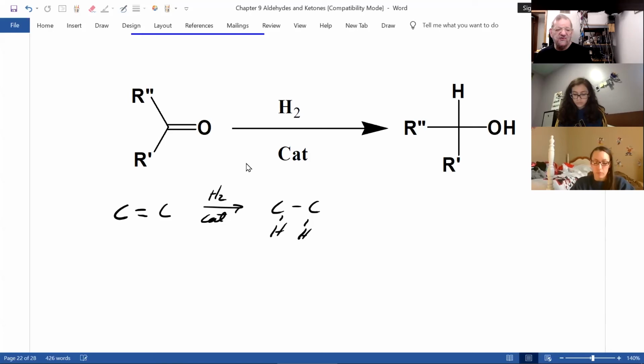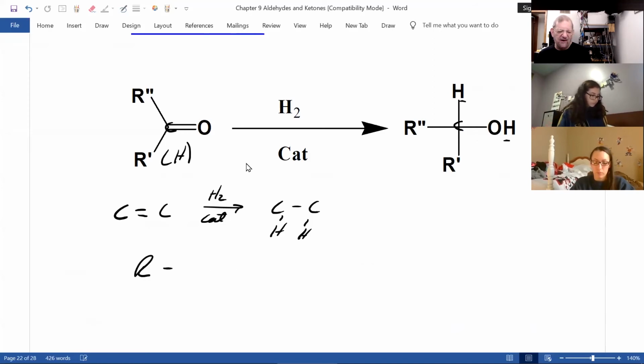Well, guess what? Same thing happens with a ketone or aldehyde. If R prime is H, it's an aldehyde. You break the pi bond, and each atom of now a carbon-oxygen double bond.